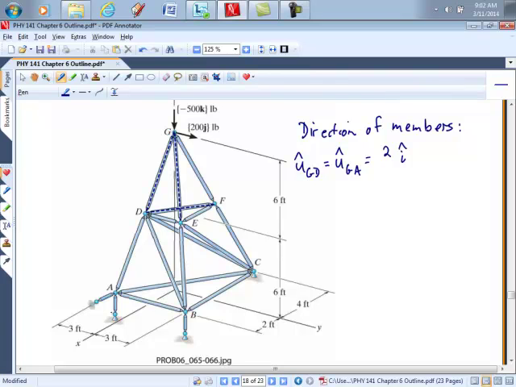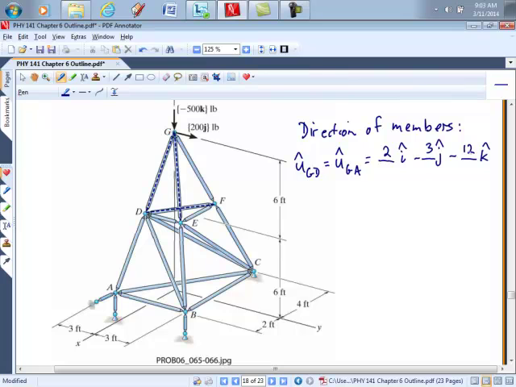That's 3 feet in the negative y direction, so minus 3 j hat. And how far have we gone in the z direction from G to A? Minus 12 feet. Okay, and then to convert that into a unit vector, we would divide by its length.